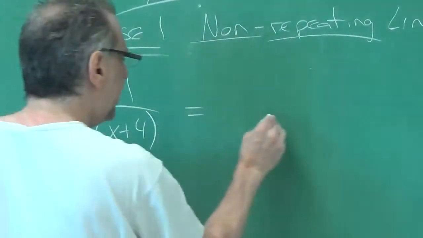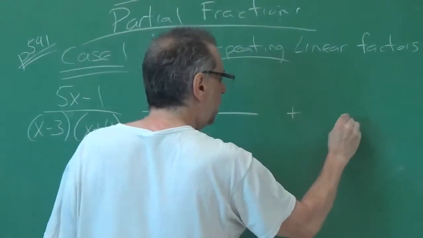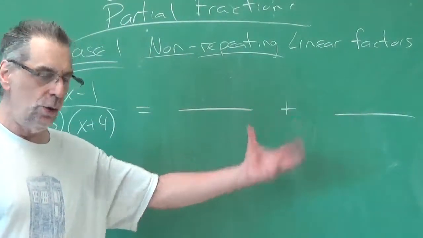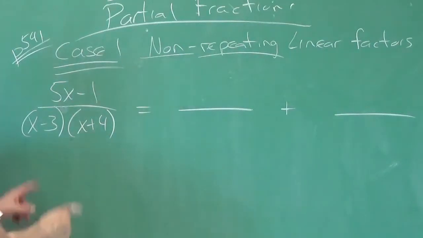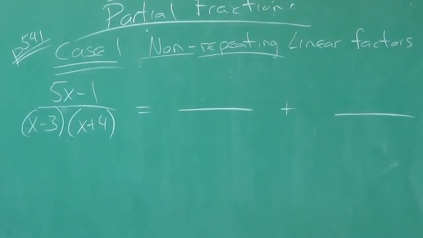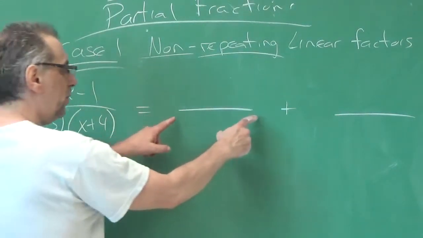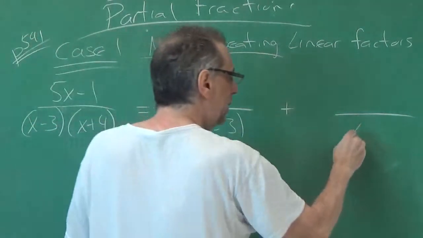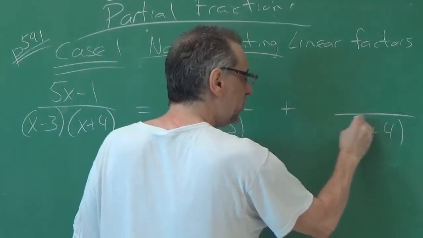Our goal is to split this up into what we call partial fractions, right? We're taking one fraction and we're splitting it up into 2 or more fractions. In this case, for non-repeating linear factors, the setup is on page 541. We're going to have one fraction for each of those non-repeating linear factors.